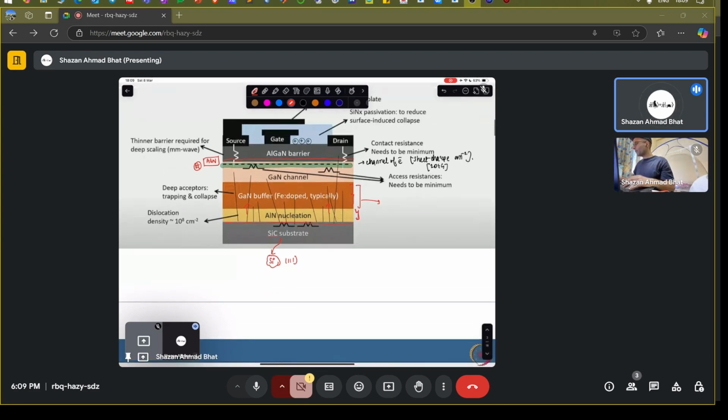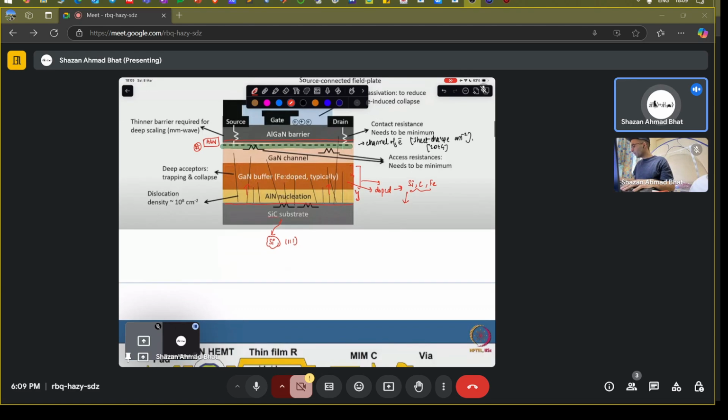By default, unintentionally doped GaN is most of the time n-type, so you have excess electrons. This can be doped by silicon, by carbon, or by iron. So why do we dope this particular GaN?